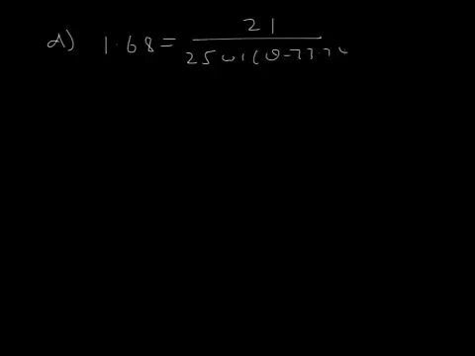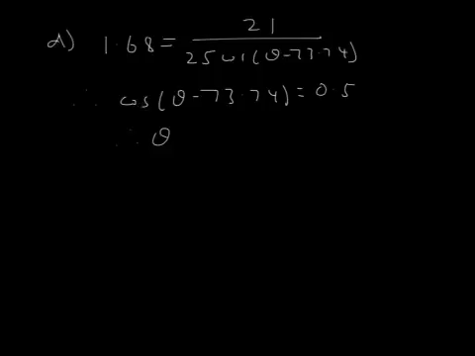And in part D, we're told that v equals 1.68, so 1.68 equals 21 over 25 cos(theta minus 73.74). So a little bit of algebraic manipulation, and we get the cosine of (theta minus 73.74) is 21 divided by 25 divided by 1.68, which works out to be 0.5.